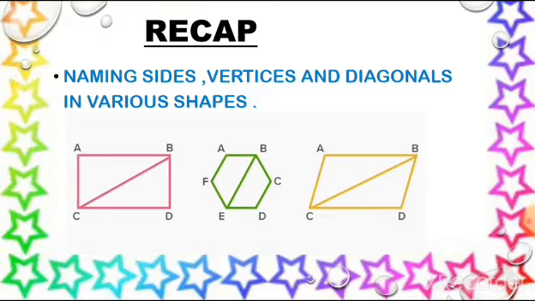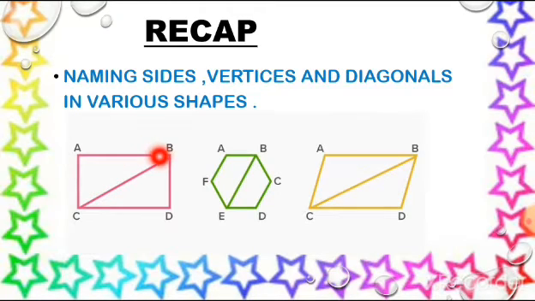So, in the last class, we learned how to name sides, vertices, and diagonals in various shapes, isn't it? So, look at this picture, children. Here a picture is given and you have to name the sides, vertices, and diagonals in this shape. So, which are the sides?